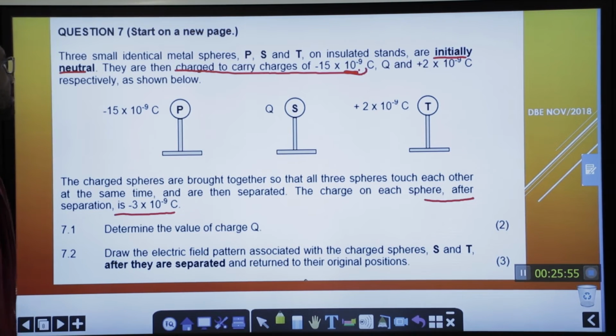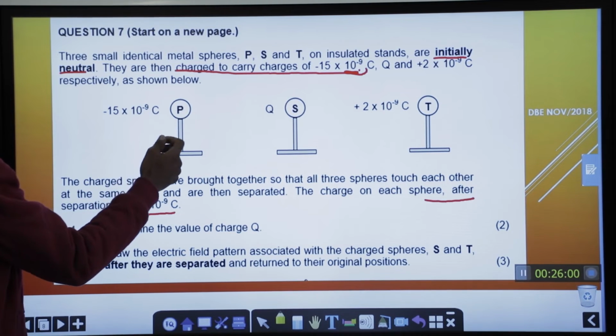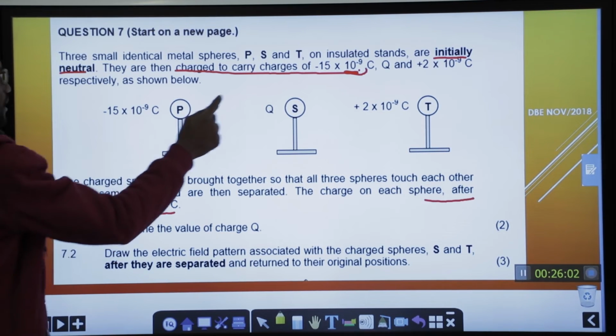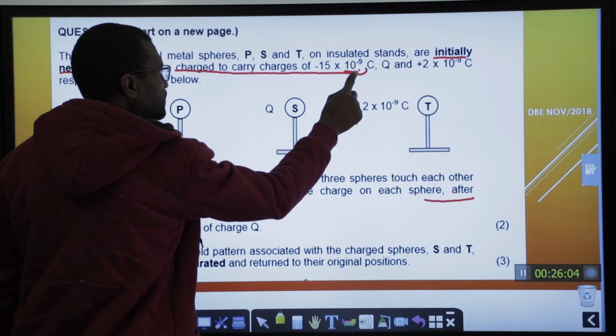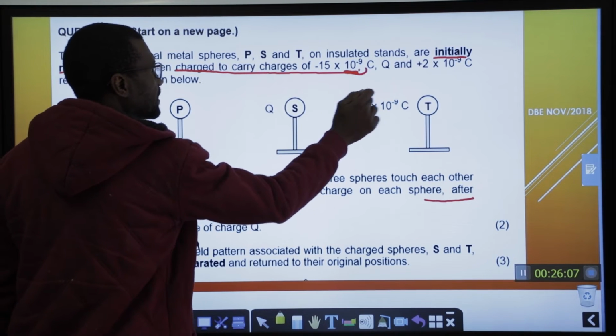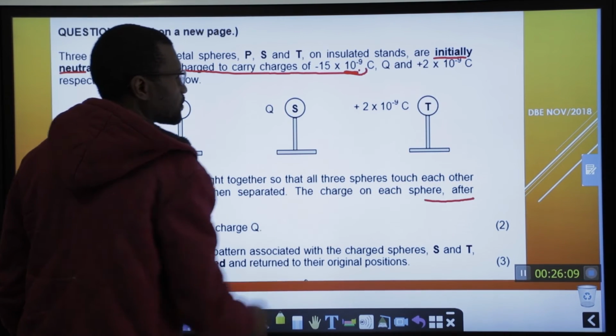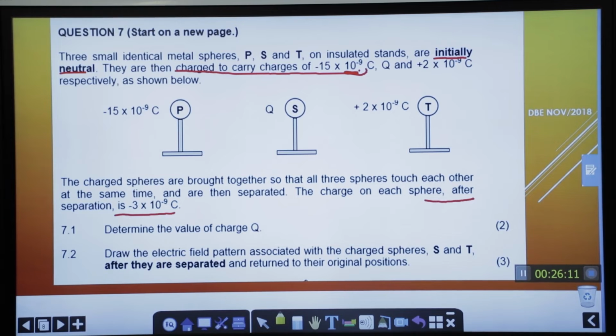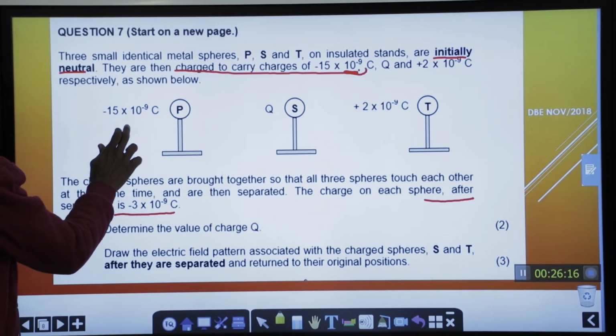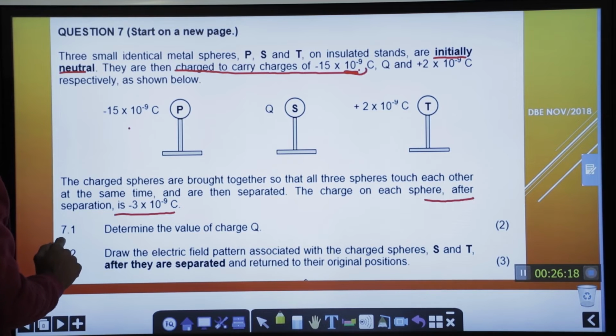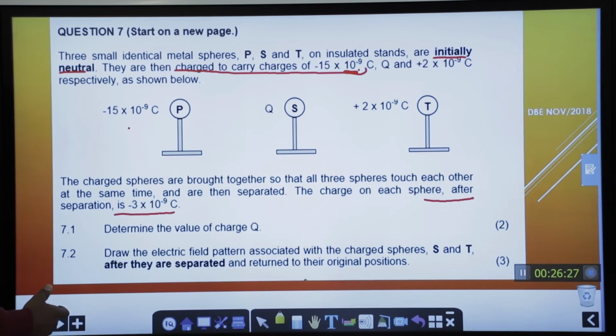When they are charged initially, they are then charged to carry charges minus 15 times 10 to the power 9 and plus 2 times 10 to the power 9, respectively. So P is minus 15 times 10 to the power 9, which means that P has gained electrons.